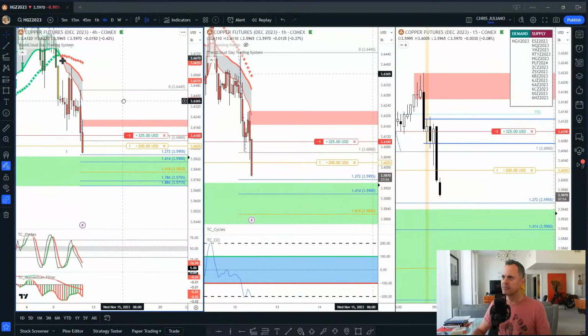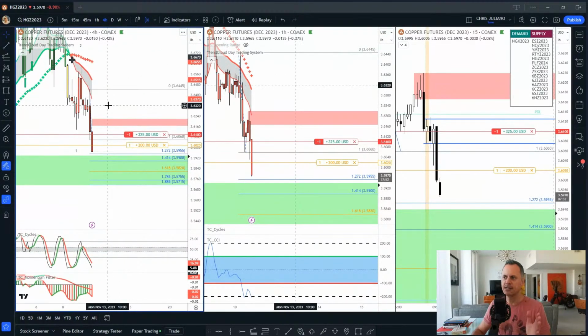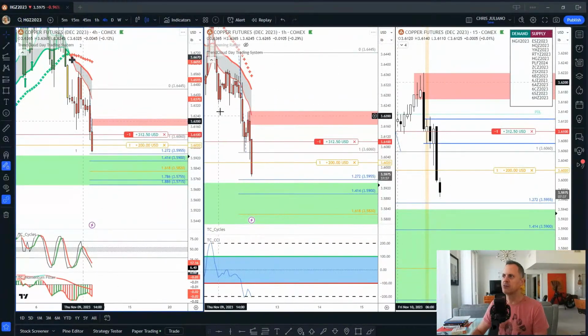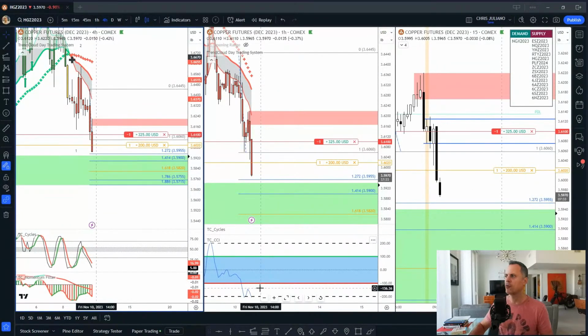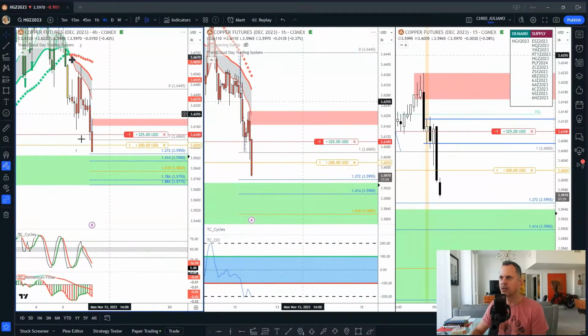Is the high time frame trend and momentum equal to the middle time frame trend and momentum? Very simple. Is this equal to this? Well, let's take a look. Red, red, red, red, and red. Yes, it is. So it's color coordinated. Everything on here is color coordinated and working.